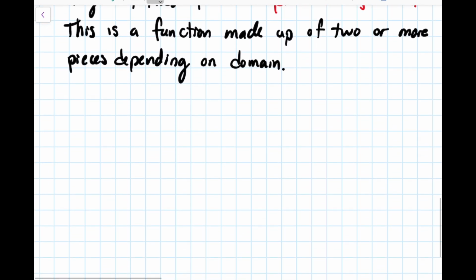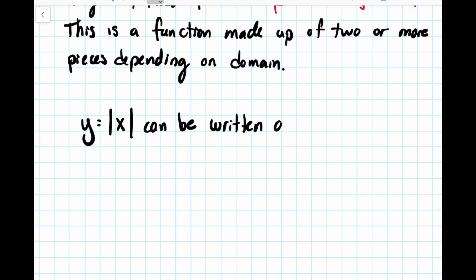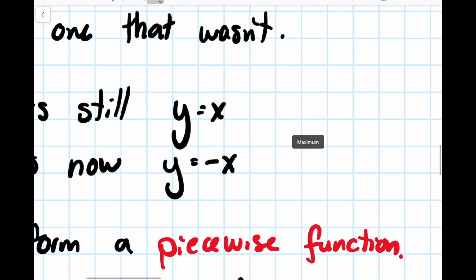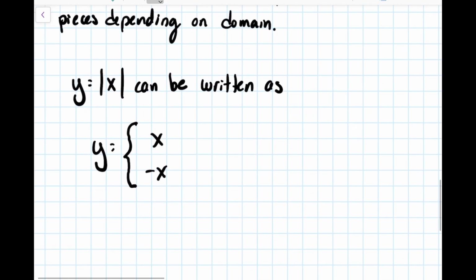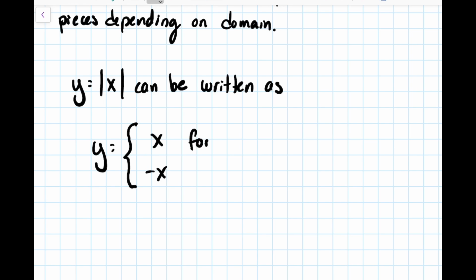So the way we're going to write this, we've got our original absolute value function, y equals the absolute value of x, can be written as the following. So it's y equals, and then we're going to have just one curly bracket. We're not going to close this, so just a curly bracket on the left. Half of it is x, and half of it is negative x, right? So that's what we figured out right here. And then we just need to describe the x values for those two pieces.